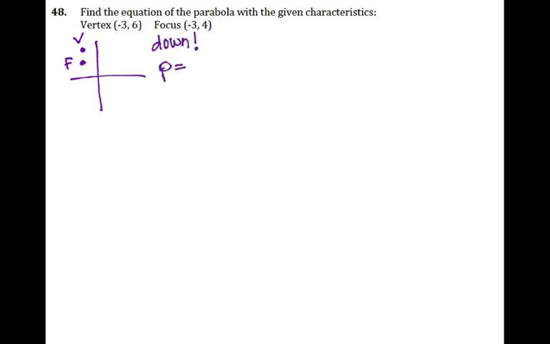I need to figure out what P is. P is the distance from my vertex to my focus. So I'm going from 6 to 4, which is 2 units. And since my parabola is opening down, I need to make P negative. Since my parabola is opening down, I'm using this equation. So x minus h squared equals 4p y minus k. So my h, k come from my vertex.